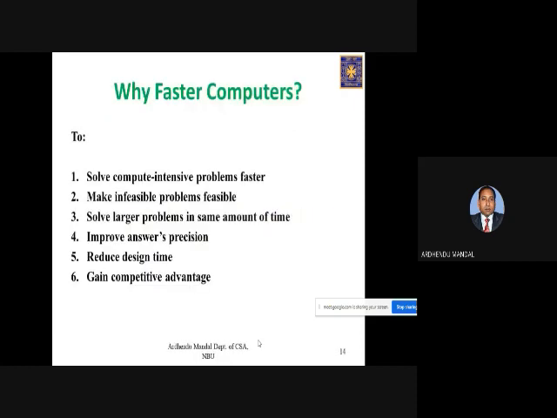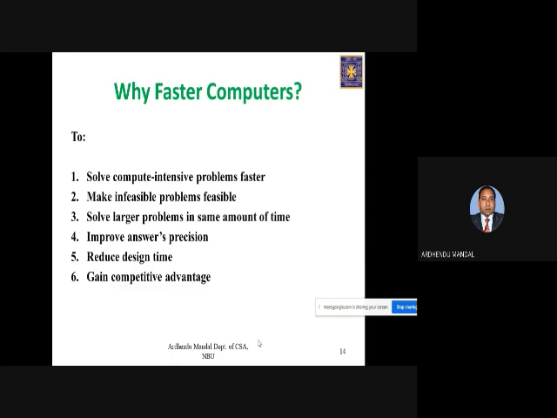So why did we require fast computers? To solve compute intensive problems faster, to make problems that were not possible to solve earlier feasible nowadays, and to solve large problems in the same amount of time. It should not take 10 days for an MRI machine to take the image and bring out the report. By that time, the patient will be gone.